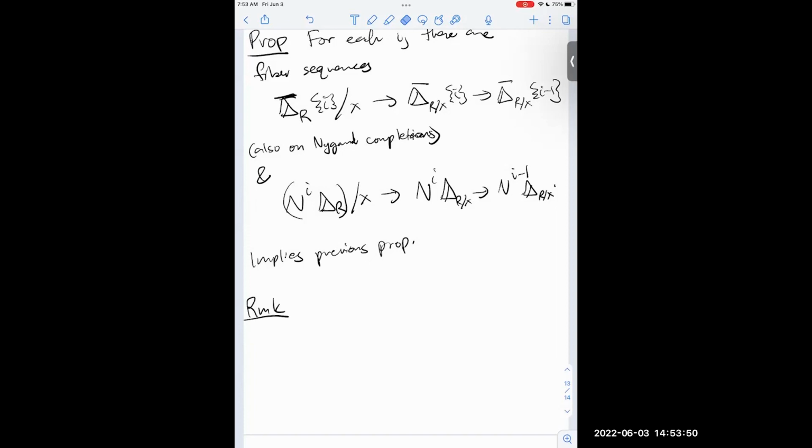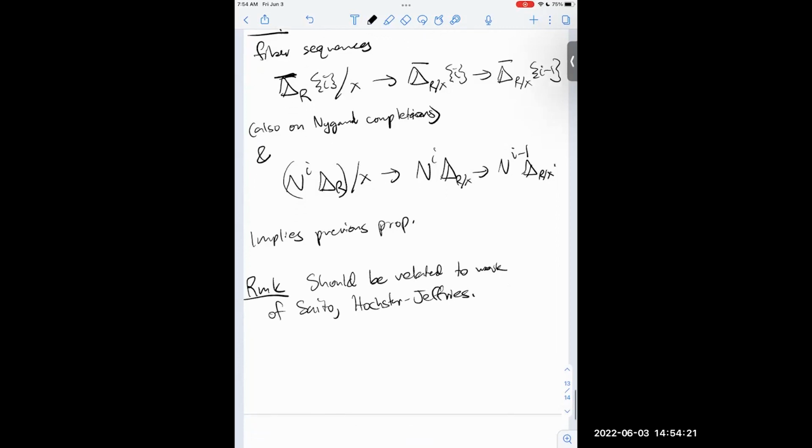And a remark is that this should be related, and is at least reminiscent, of work of Saito and Hochster-Jeffries, giving a criterion for p-complete Noetherian rings to be regular in terms of something called Frobenius Witt differentials. I haven't completely understood the relation yet, but just wanted to mention that.